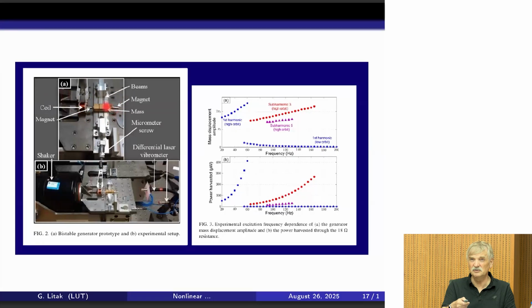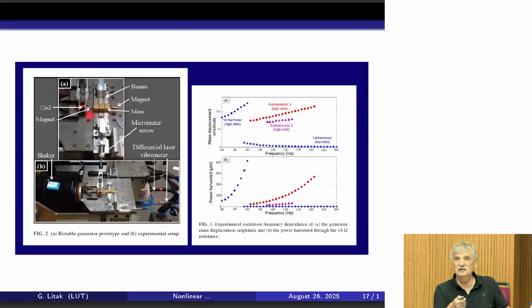But here there are also two pre-stressed buckled beams, and these buckled beams are giving you two stable positions of the rod, on the left and on the right. So you have a bistable potential with two equilibria, like it was studied in the previous papers.